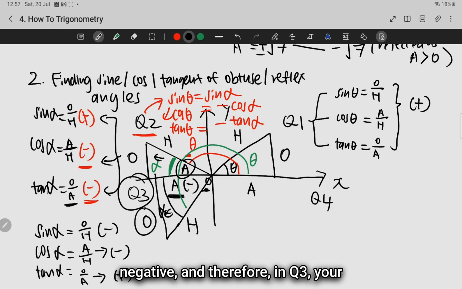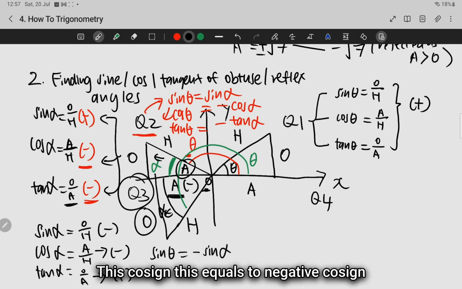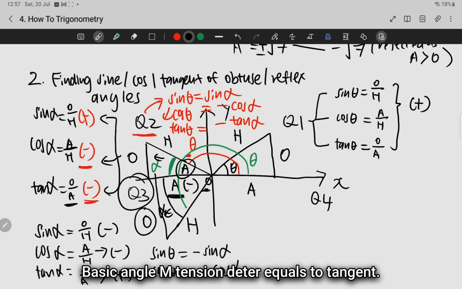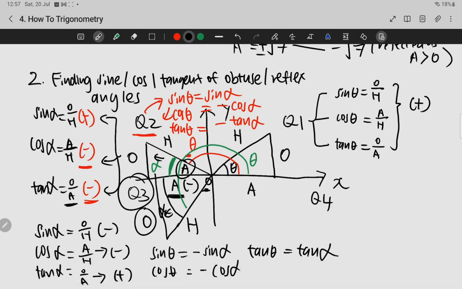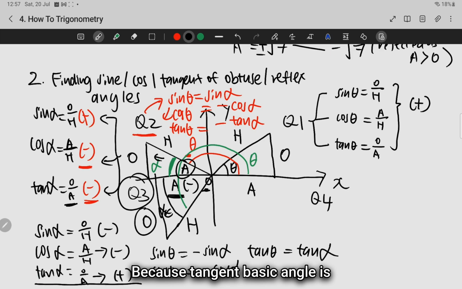And therefore in Q3, your sine theta equals negative sine basic angle, cosine theta equals negative cosine basic angle, and tangent theta equals tangent basic angle, because tangent is positive in Q3.